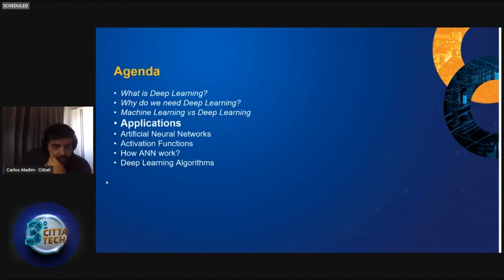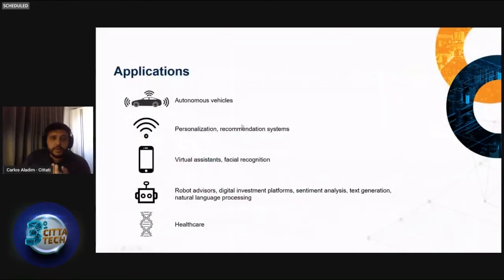So I'll talk about the applications that we have nowadays in the deep learning area. We have autonomous vehicles, personalization and recommendation systems, virtual assistants, and facial recognition.